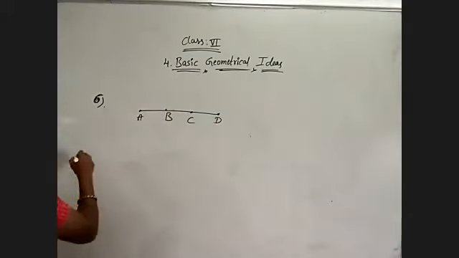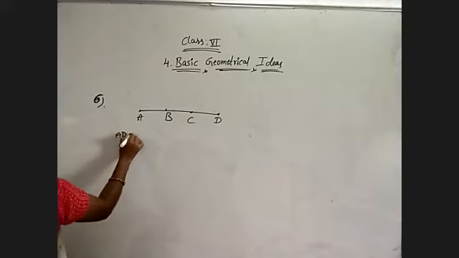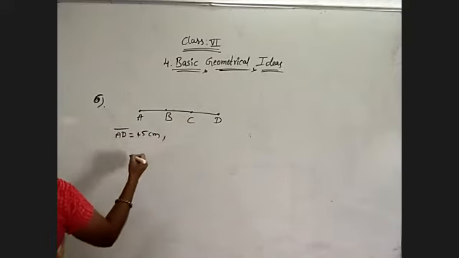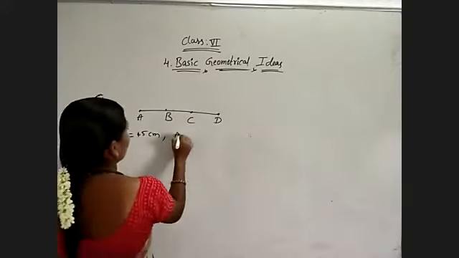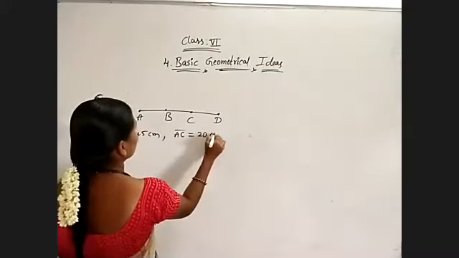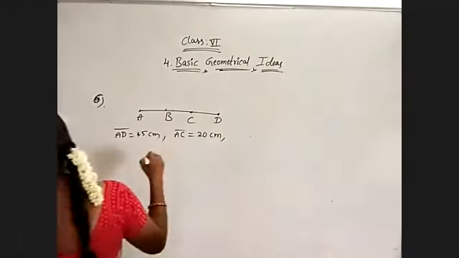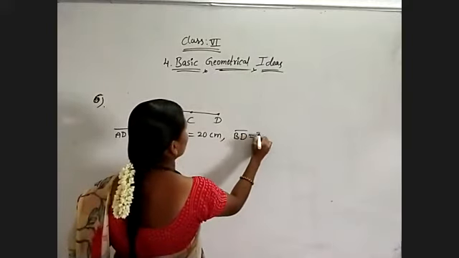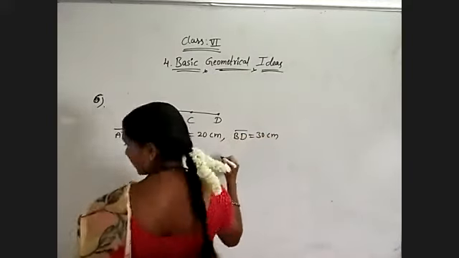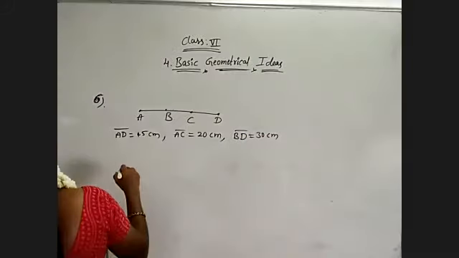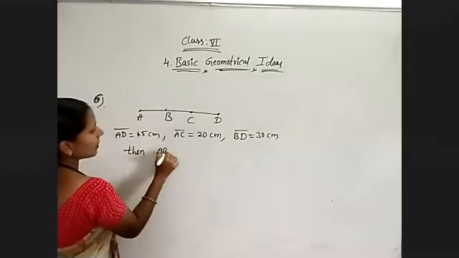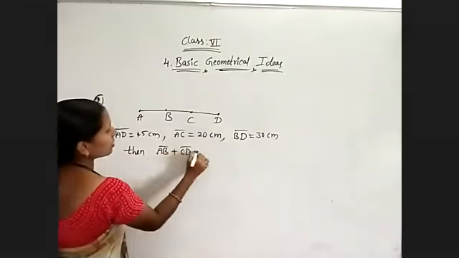Given AD equal to 45 centimeters, AC equal to 20 centimeters, and BD equal to 30 centimeters. Then find the length of AB plus CD. AB plus CD is equal to dash.